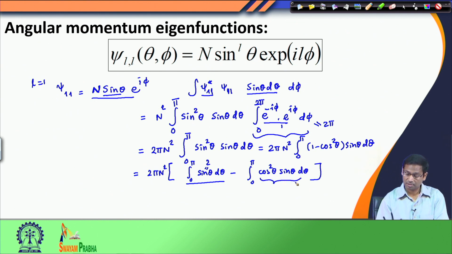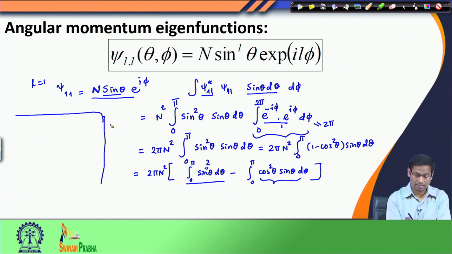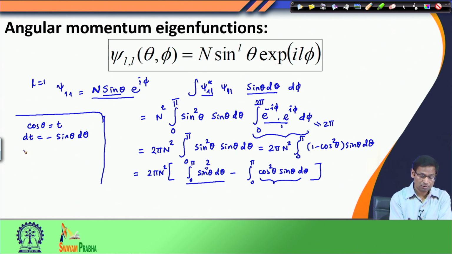And what about this? To solve this one, let us define cos theta as a variable t such that dt is minus sin theta d theta. When theta goes from 0 to pi, cos theta goes from cos 0 to cos pi.